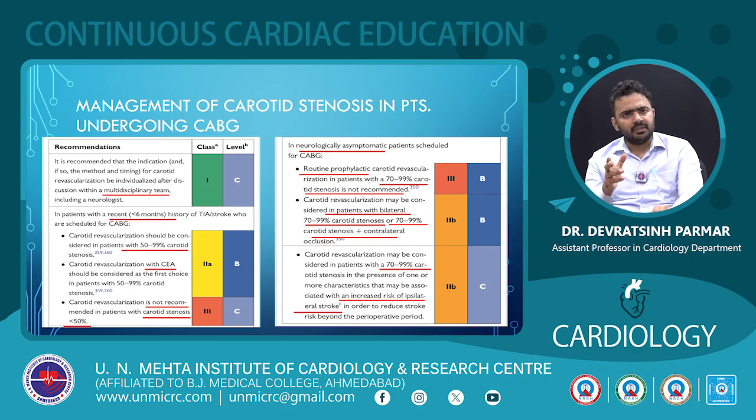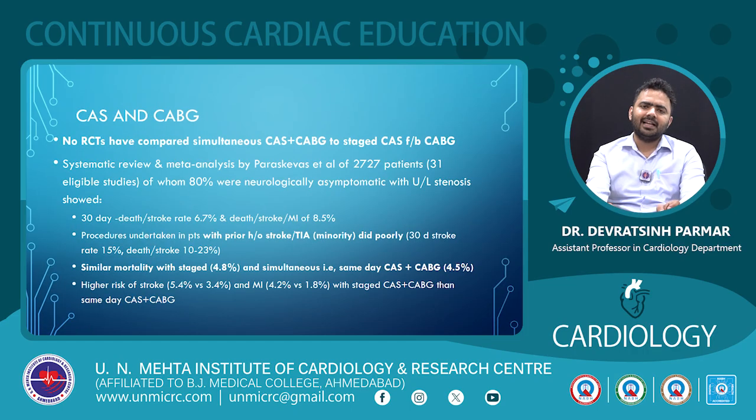Routinely doing revascularization in asymptomatic patients is class 3, of no benefit. But carotid revascularization may be done if the patient has bilateral carotid artery disease, like 70 to 99%, or a high risk of stroke. Carotid revascularization should be considered if the patient has 70 to 99% stenosis with increased risk of stroke. That is a class 2B indication.